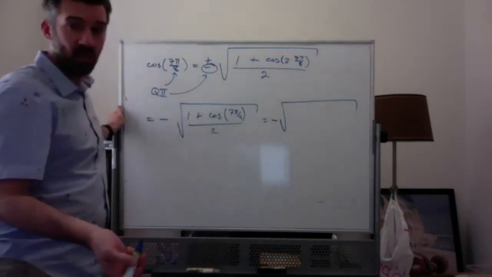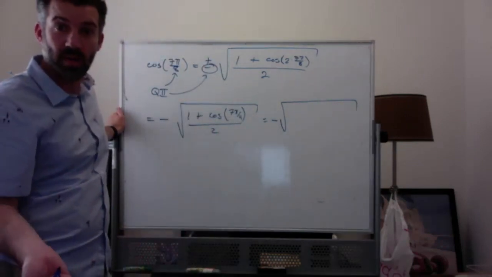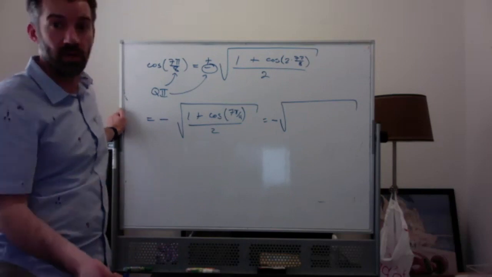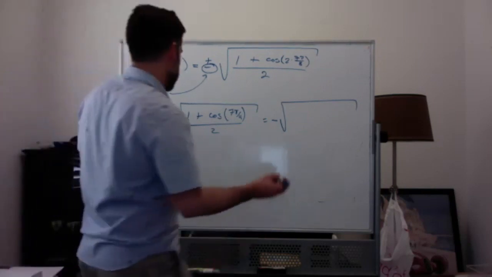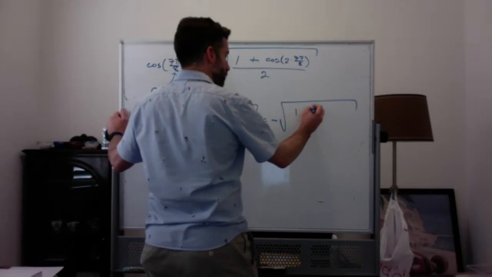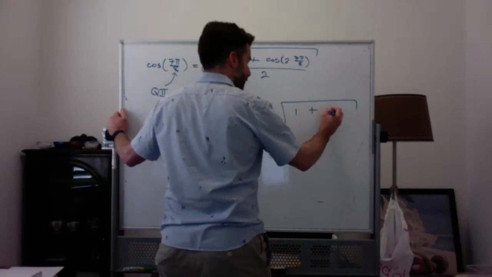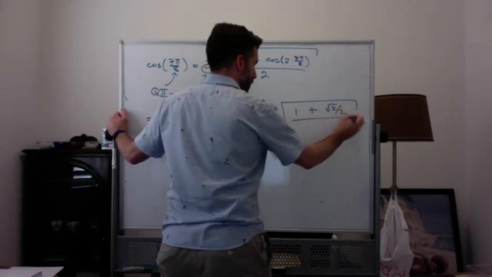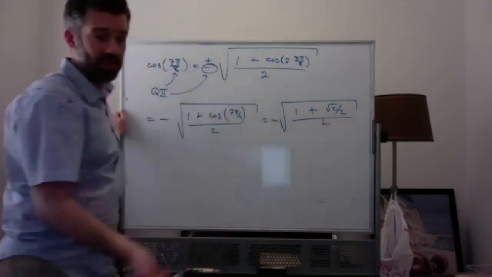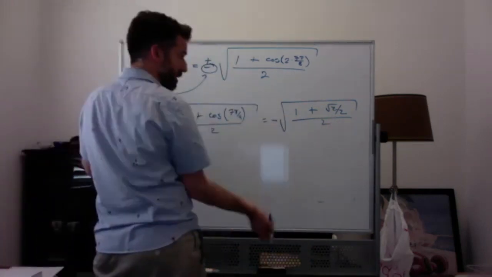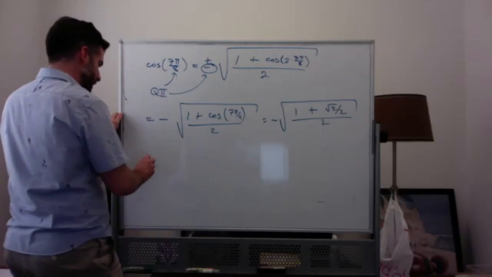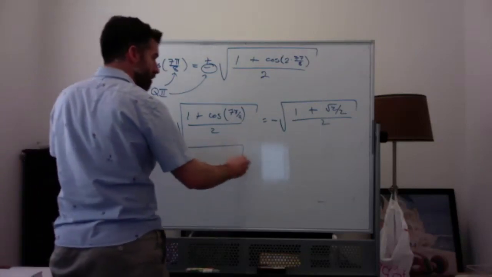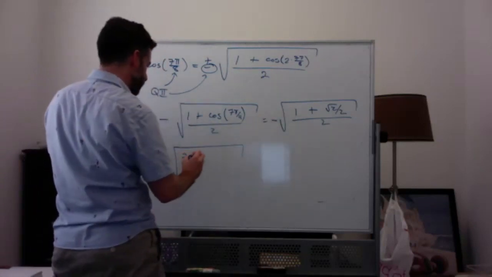Cosine of 7 pi over 4 is positive root 2 over 2 because 7 pi over 4 is in quadrant 4 and cosine is positive in quadrant 4. So it's negative square root of 1 plus positive root 2 over 2 all over 2. And then we do the same thing. So we multiply the top and bottom by 2. So we get negative root, this times 2 is 2.